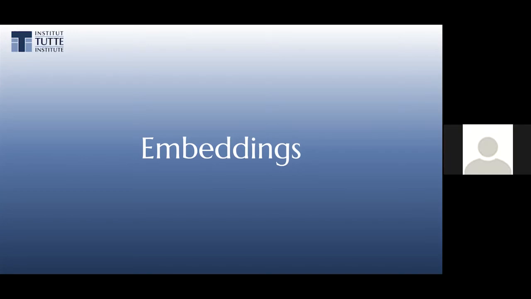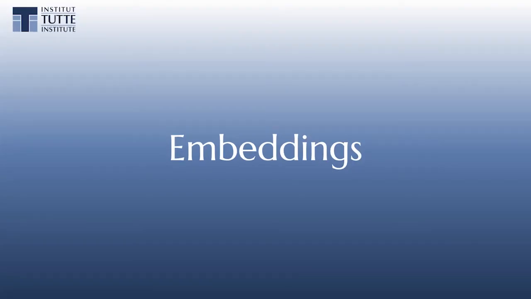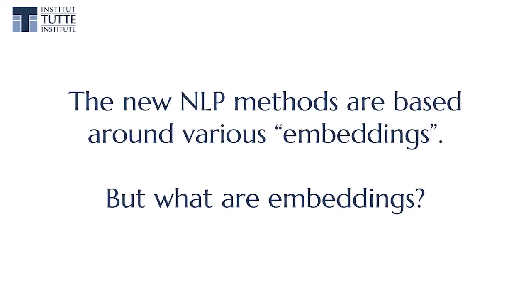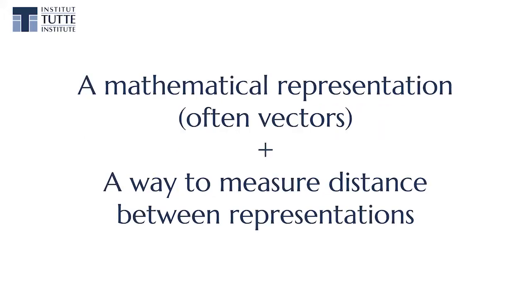Excellent, thank you. All right, so the core idea here is embeddings. And the question we need to ask is, what are these magical embeddings that have powered this NLP work? These word embeddings, sentence embeddings, contextual word embeddings, and embedding in the context of these NLP methods. What we actually mean at the end of the day is a combination of a mathematical representation of the data and a way to measure distance between those representations.